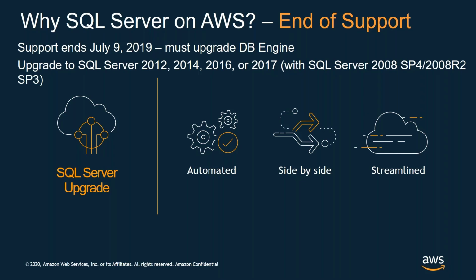You can validate your application without disturbing your production environment. It is streamlined and super easy: initiate your upgrade, conduct deployment, and then you are done. You can just verify your results and get your SQL Server up and running in the latest version. So these are some key factors why customers prefer to run their SQL Server workloads on AWS.